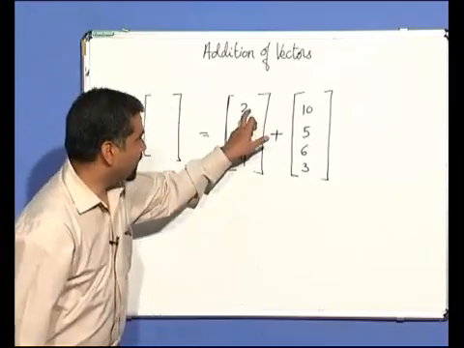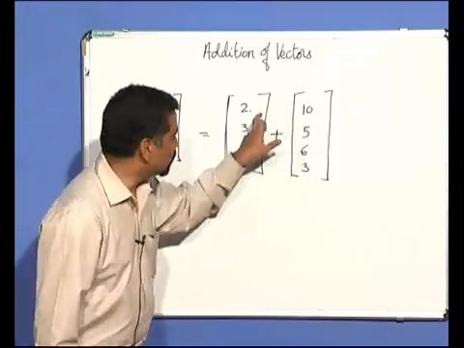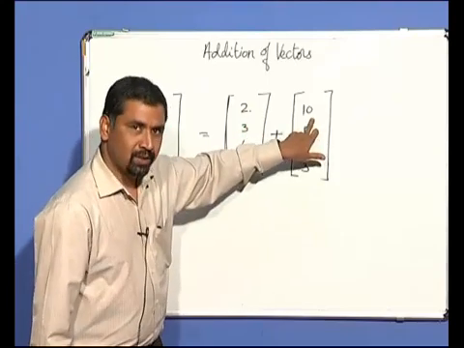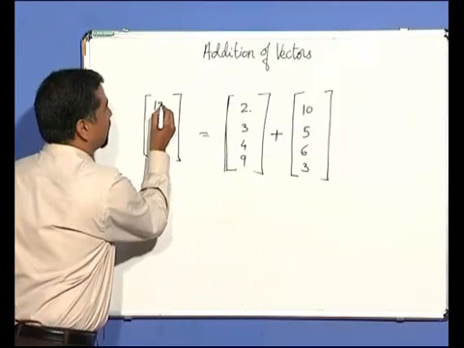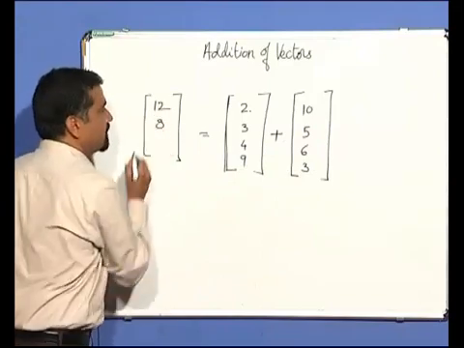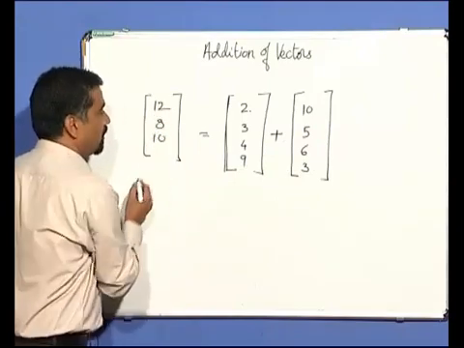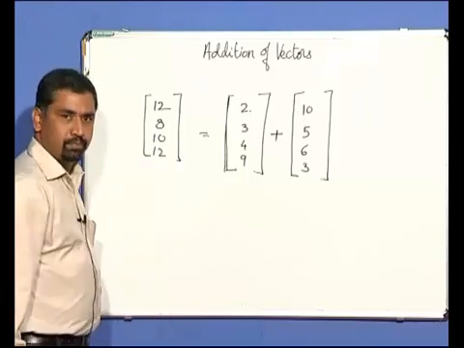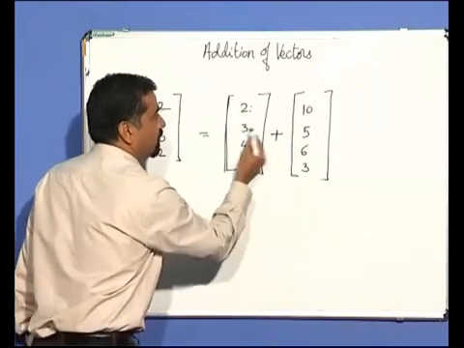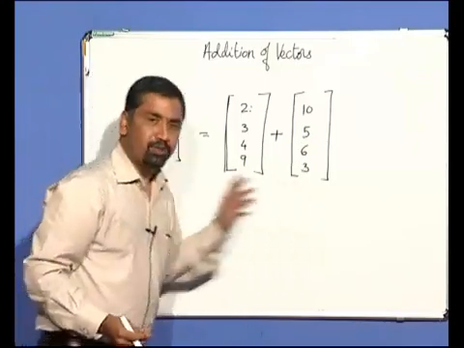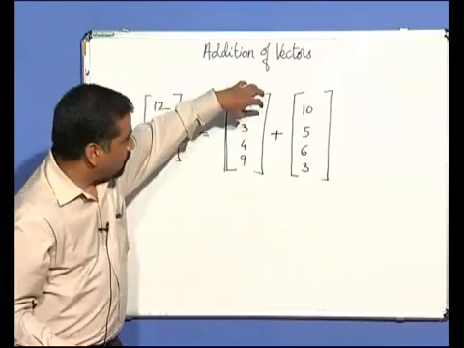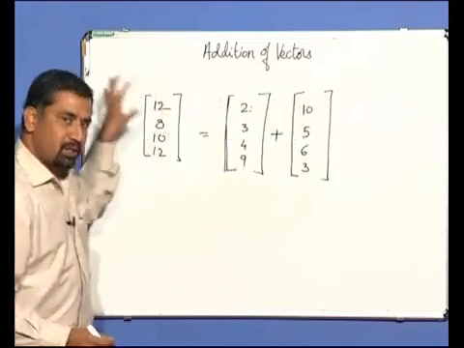Very simply, the corresponding elements will be added, that is 2 will be added to the value at the same position, which is 10. So you will get 12, 8, 10 and 12. 2 plus 10, 3 plus 5, 4 plus 6, 9 plus 3. By position, we just add that and put that into the third.